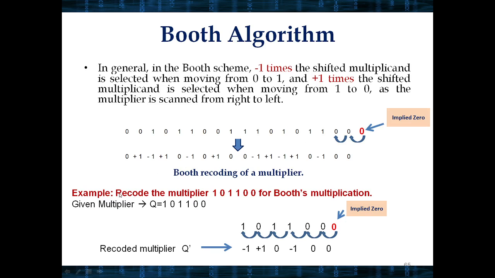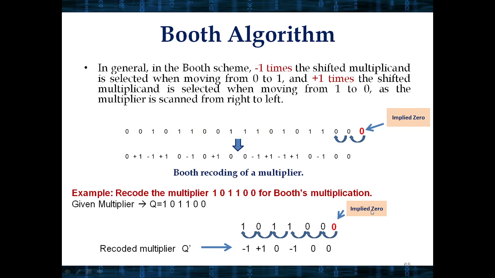Now we'll consider one small example here. Recode the multiplier 1011 for Booth's multiplication. So here what you have to do is write 101100, and you have to add one extra 0 here to refer to it as the previous bit value, bit i minus 1.